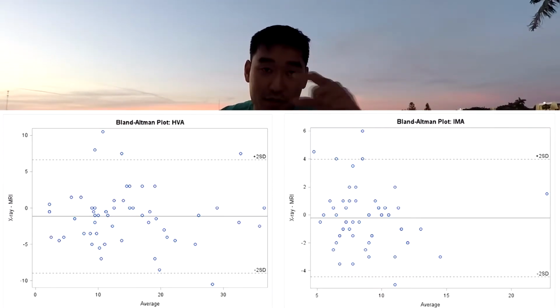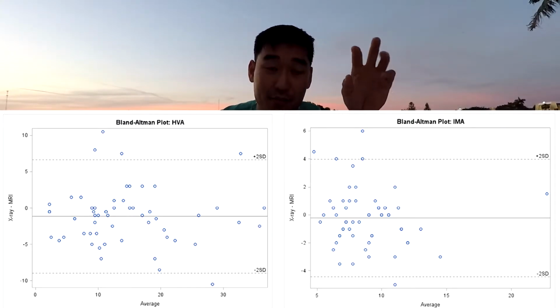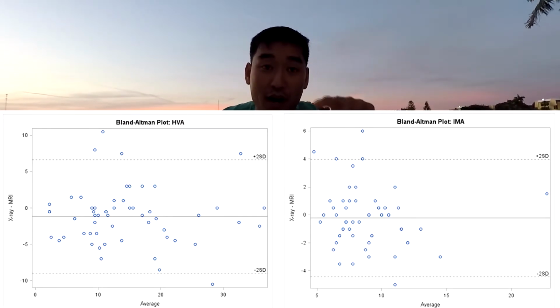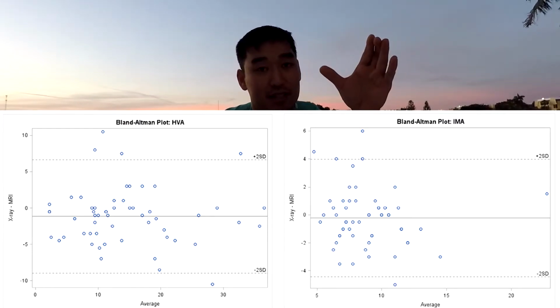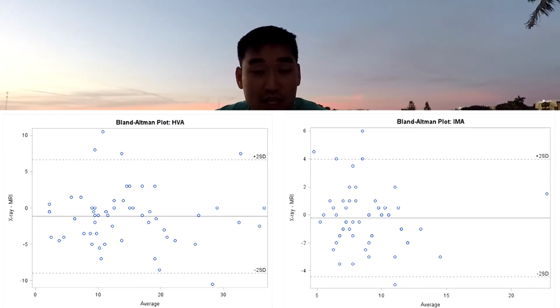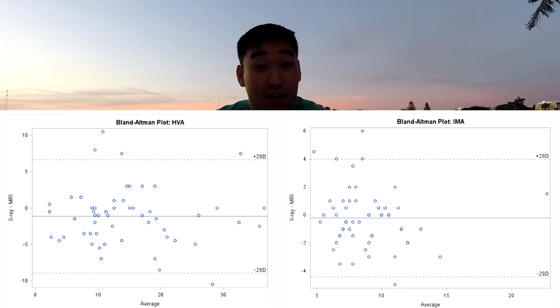And a Bland-Altman plot is basically a plot with, in this case, 56 patients, so there are going to be 56 dots, plotted based on the mean difference of the X-ray and MRI spread across the standard deviation of the differences. And as long as most of the dots fall within the 2 standard deviations, it means that the 2 methodologies used, in this case X-ray and MRI, are in agreement, or just interchangeable is the way I interpret it.